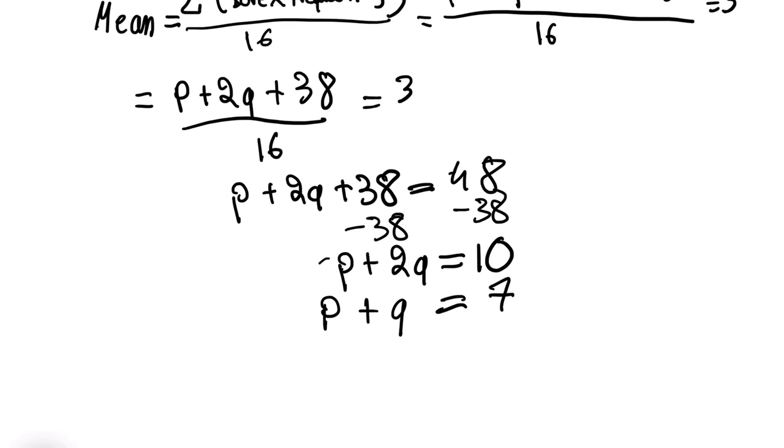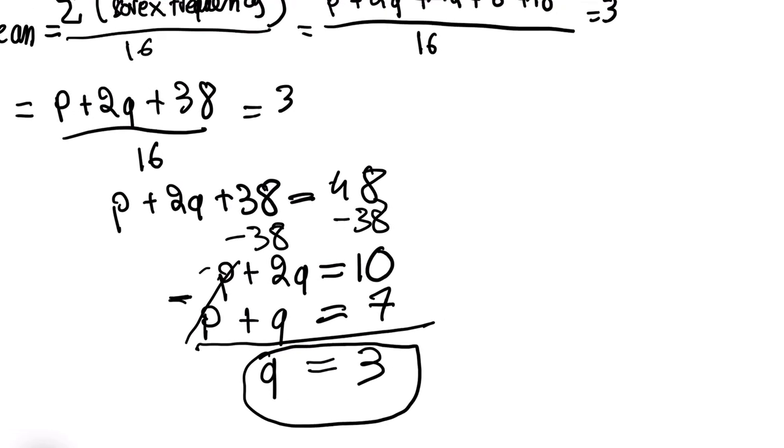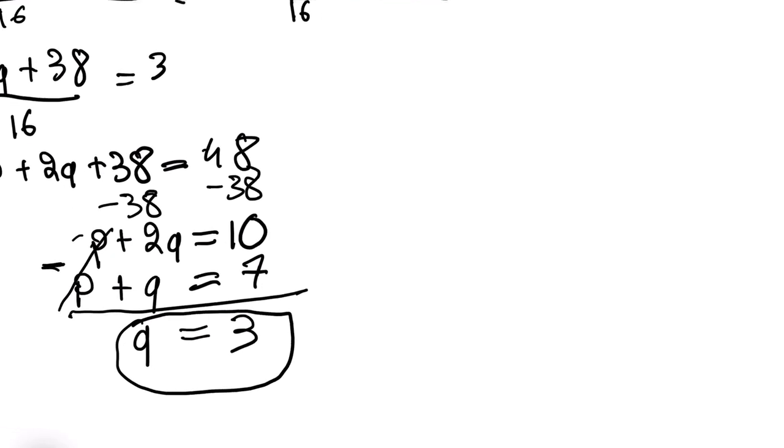If I subtract the two equations from each other, P minus P is 0, 2Q minus Q is simply Q, and 10 minus 7 is 3. So what we get is that Q is equal to 3. Then from that, we can solve for P easily. Remember, P plus Q is equal to 7.